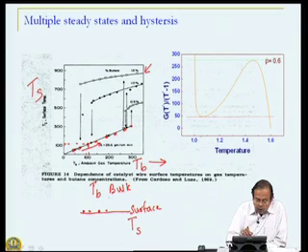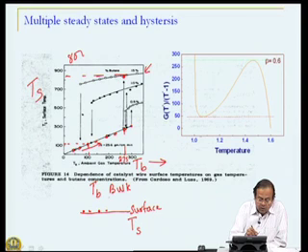Now, let us look at the solution at this particular point. As we increase our bulk temperature, let us say beyond 275, suddenly we find that surface temperature is much higher, in the range of 800.